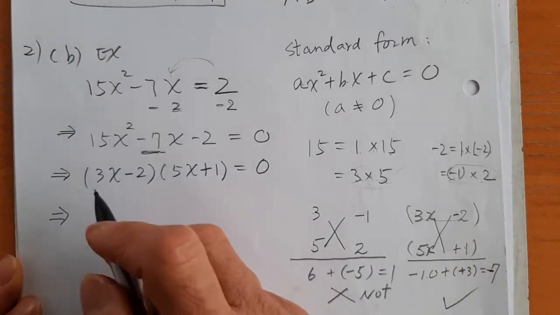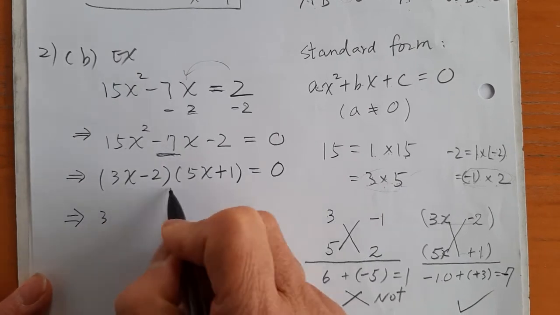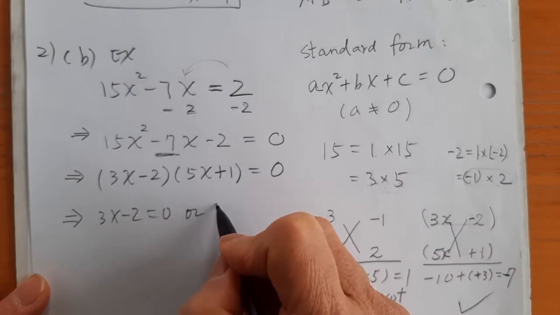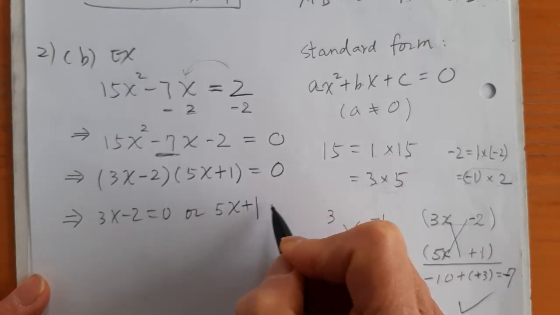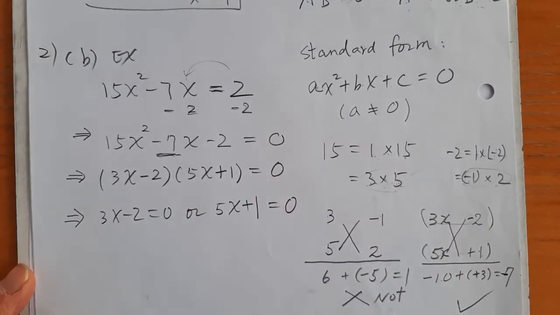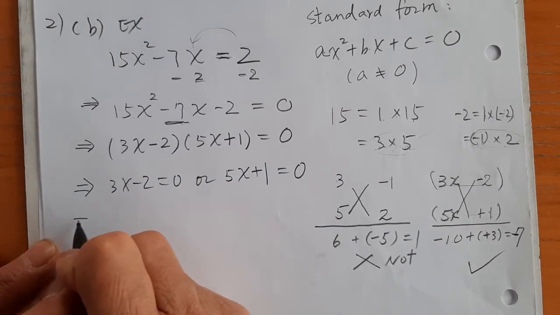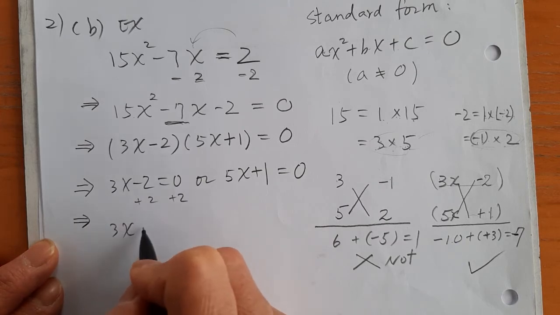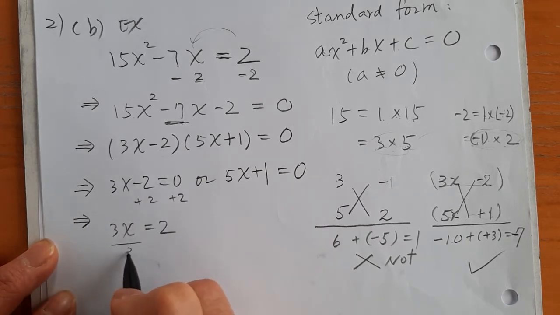Then either the first factor 3x minus 2 equals 0, or the second factor 5x plus 1 equals 0. For the first one, you add 2 to both sides, get 3x equals 2, then divide both sides by 3, cancel 3.